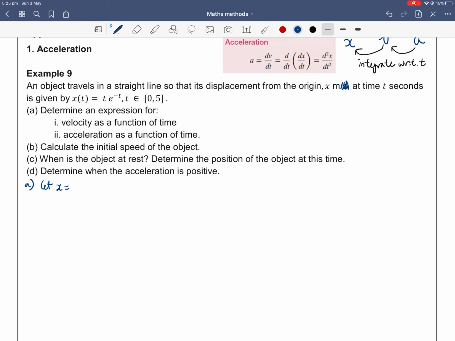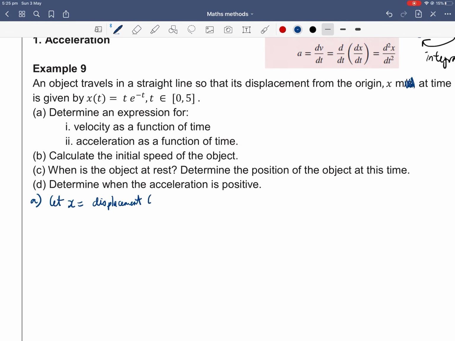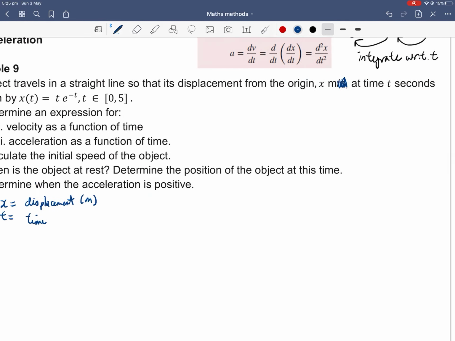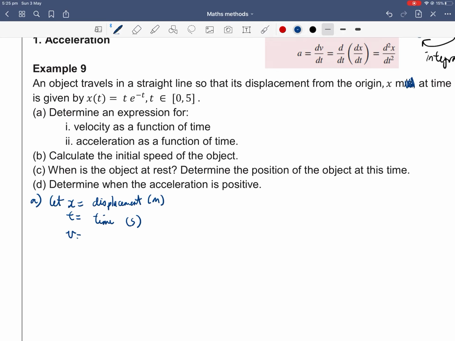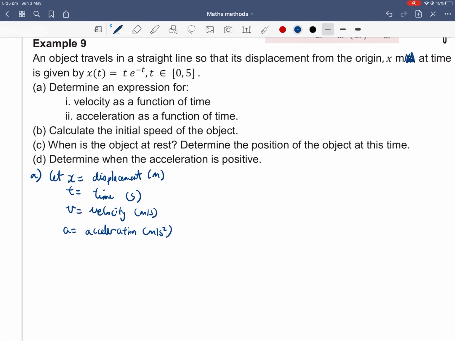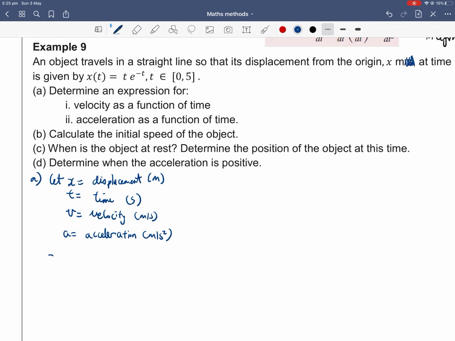Let x equal displacement, in meters. Let t equal time, in seconds. Let v equal velocity, which is in meters per second, and a is acceleration, which is in meters per second squared, or meters per second per second.